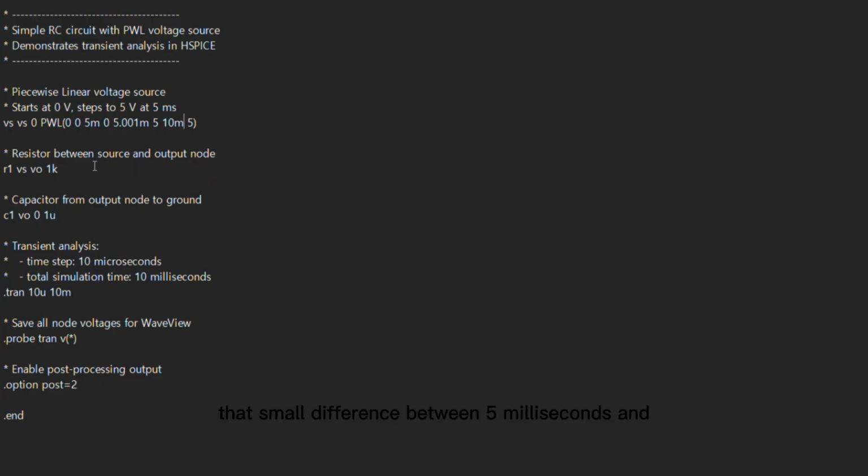The small difference between 5 milliseconds and 5.001 milliseconds creates a step instead of an ideal discontinuity, which helps the simulator. The source is connected between node VS and node 0, which is ground, and in HSPICE, node 0 is always the global ground, as you can see here.